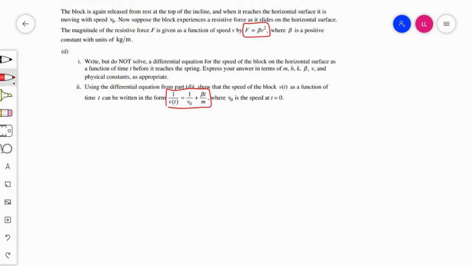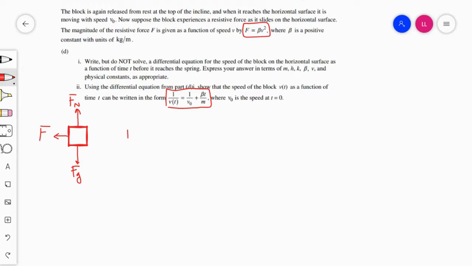All right, and so for our free body diagram, while it's on the horizontal surface, we're going to have Fn, Fg, our standard, and then it's going to have this F drag, or F they're calling it. Remember, when it's just sliding, it has no applied force to the right, so the only force in the horizontal direction is to the left.